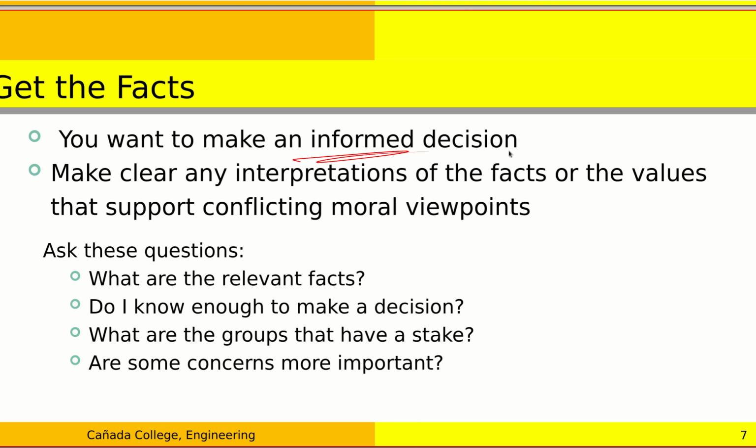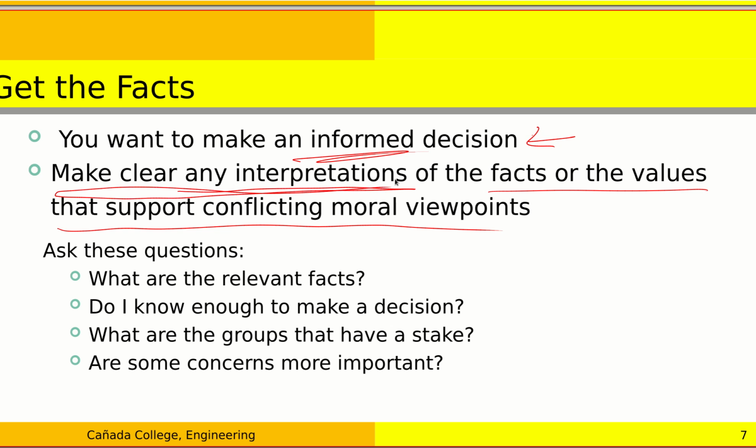When you want to get facts, you need to do research. You need to talk to people, you need to read up, and that is essential to being able to make an informed decision. You also want to make sure that the facts or any supporting information that you provide are supported by your interpretation, which highlights that there might be conflicting viewpoints, especially conflicting moral viewpoints.